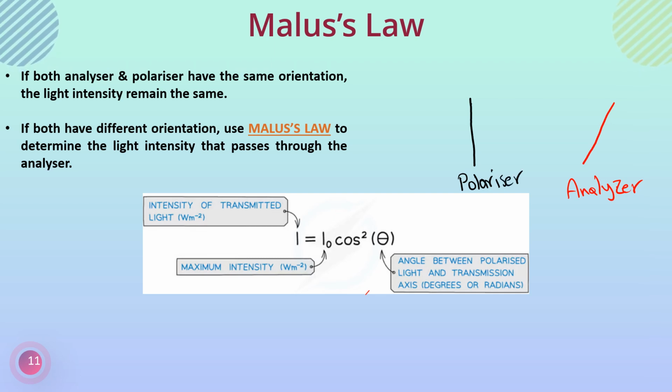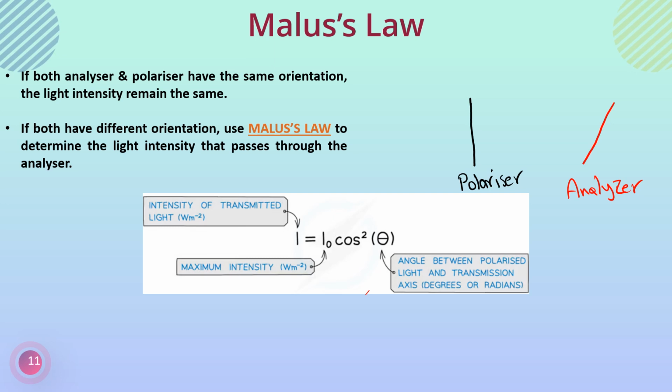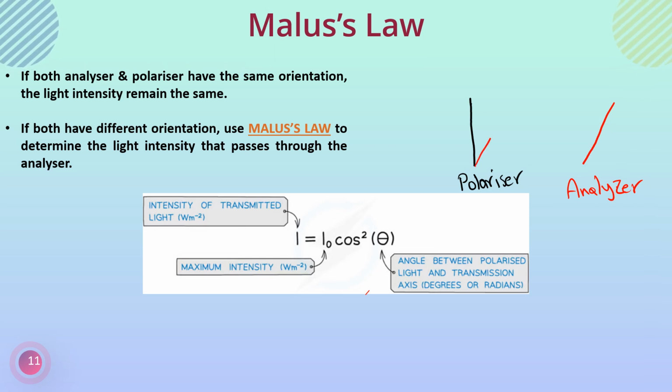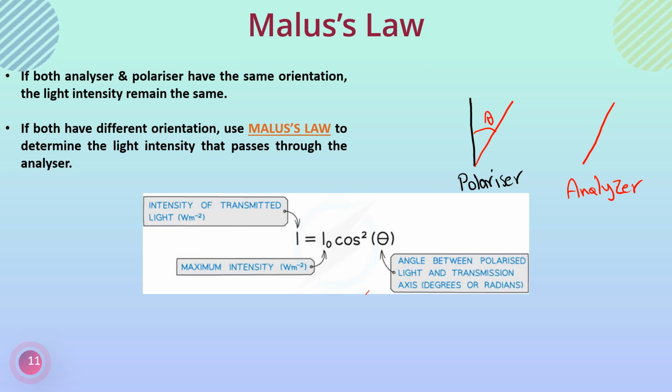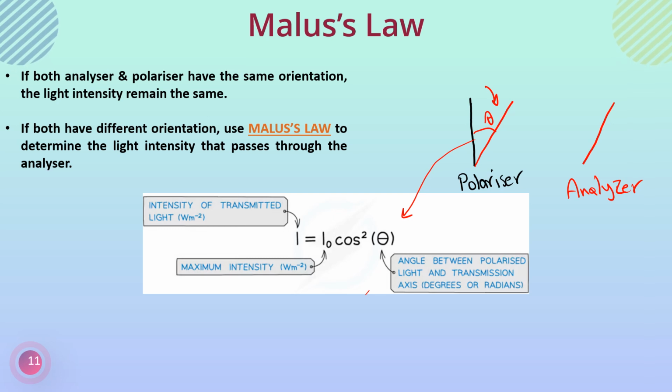When I put this analyzer, let's say I draw it here, this is the angle theta. So this is the angle that I need to calculate, which is what is meant by this. This is the angle between the transmission axis of the polarizer and the analyzer. So this is the angle, okay?